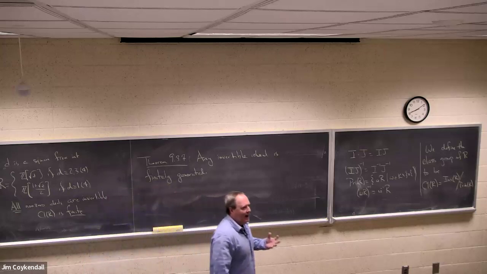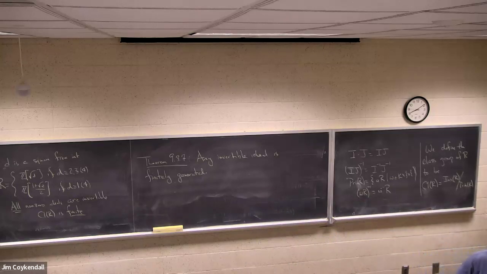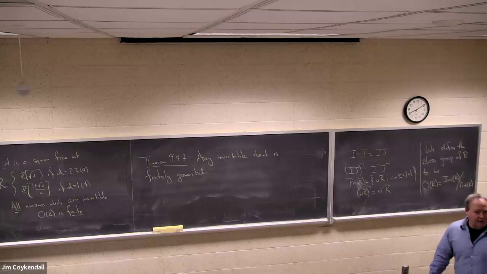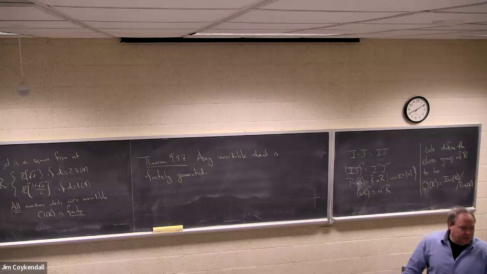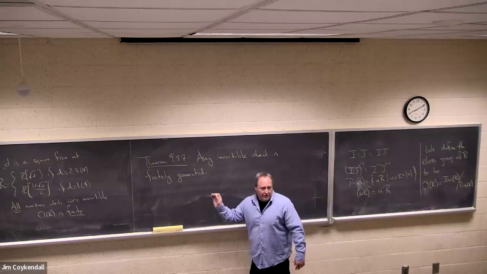It means that given any ideal I, you can construct its inverse, I inverse. That's just a set of things, and in fact, it's also another fractional ideal if I is. It's invertible if I times I inverse is actually equal to R. This condition forces the ideal to be finitely generated, which to me is not very clear at all from the definition.